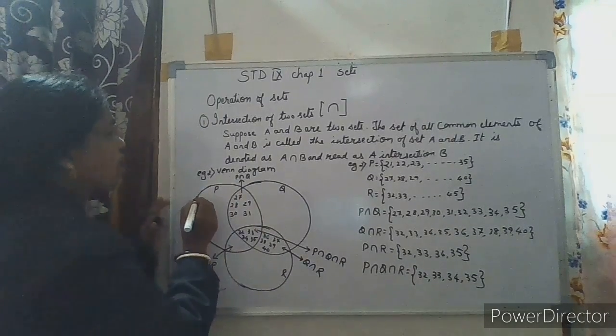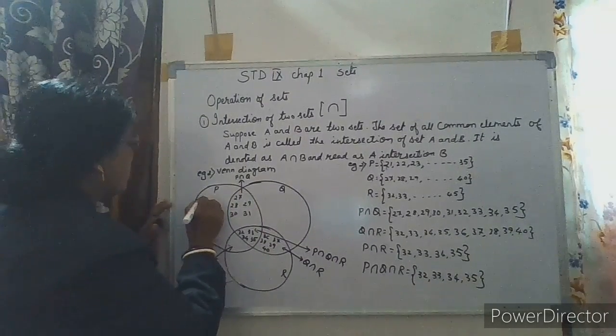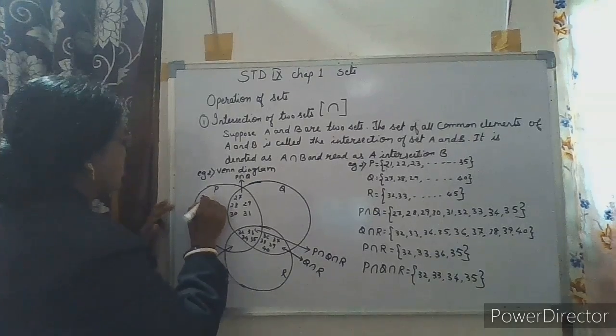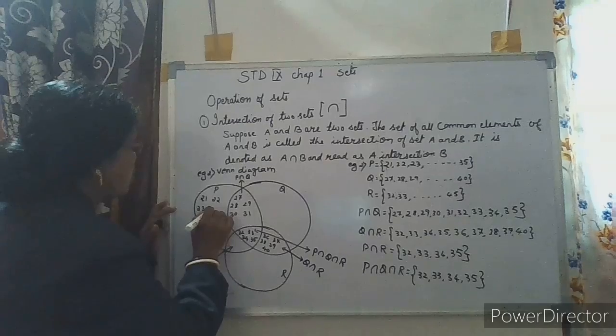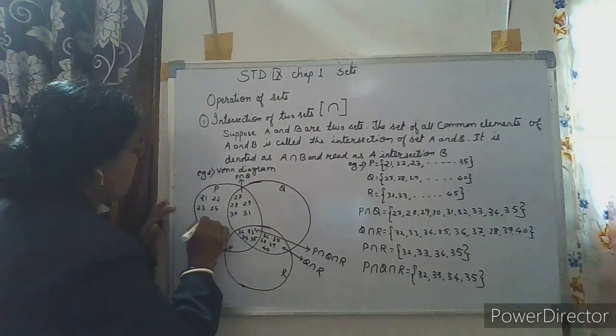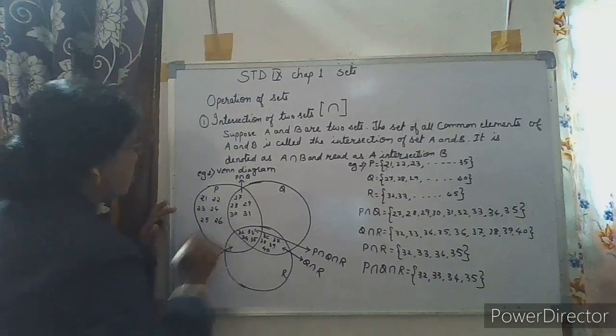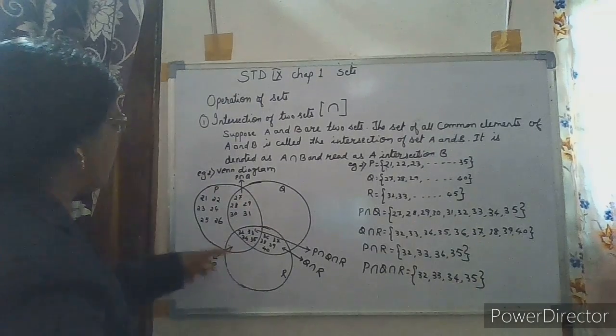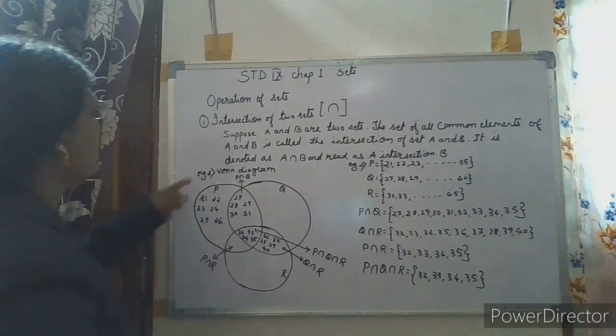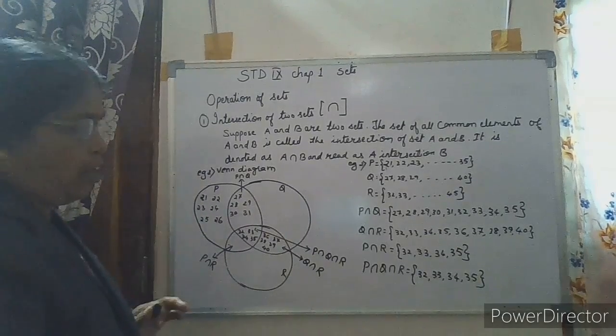But 21 to 26 it's not there. So we have to write here 21, 22, 23, 24, 25, 26. So now the set P is completed in the Venn diagram.